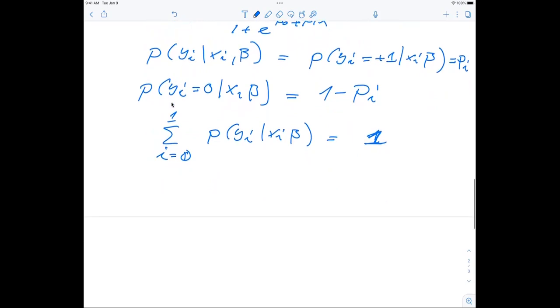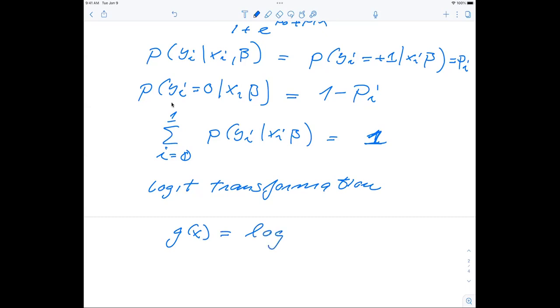And you can now take the ratio. There's another interesting function now, and this is called the Logit or the Logit Transformation. That's normally a g of x, which is given by the log of this function, p of i over 1 minus p of i.